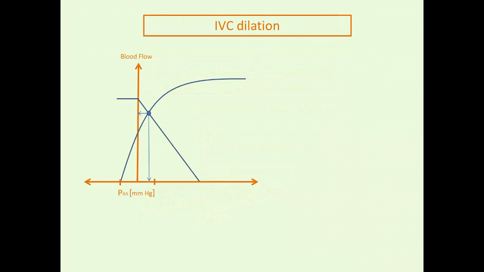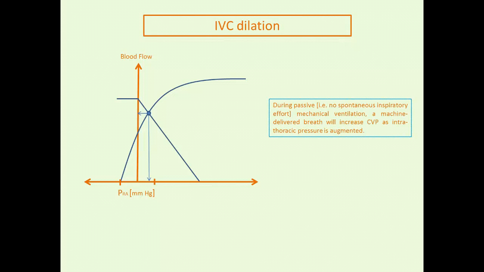So what's the physiology here? You have to bear in mind that IVC dilation is a different physiology from IVC collapse. So during a passive, no spontaneous inspiratory efforts, mechanical ventilation, a machine-delivered breath will increase the CVP, as we've already talked about. So you're going to increase the CVP up to here.